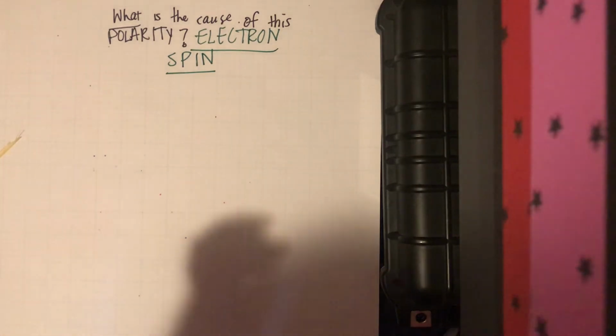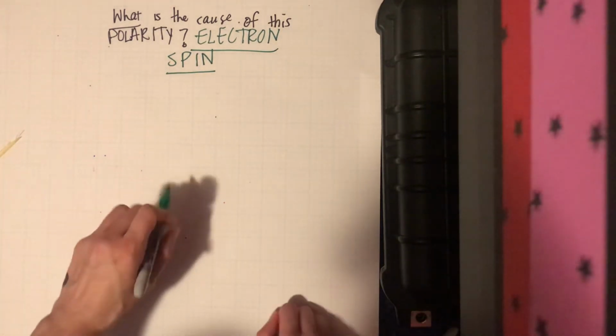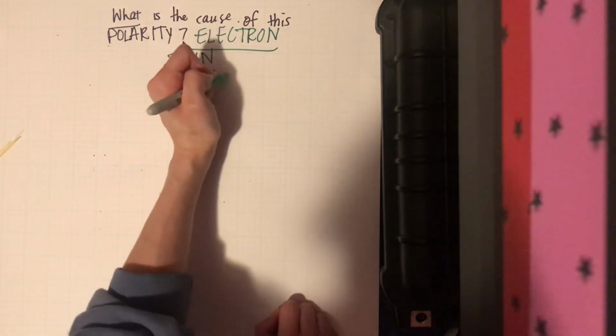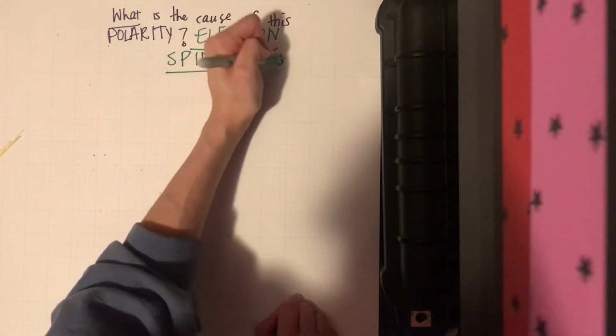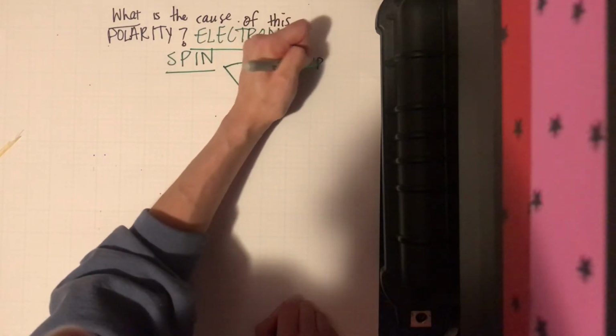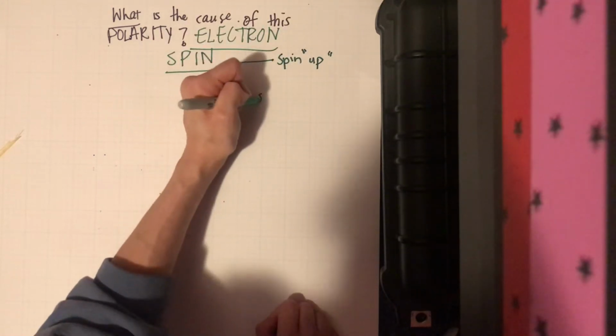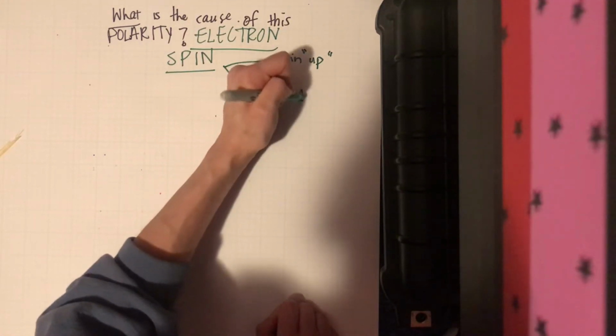We're going to talk about electron spin in two different ways. It can either be spin up or spin down.